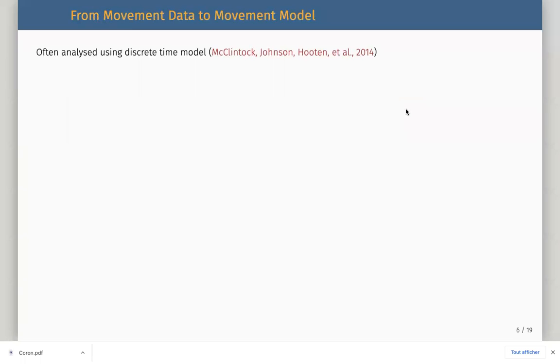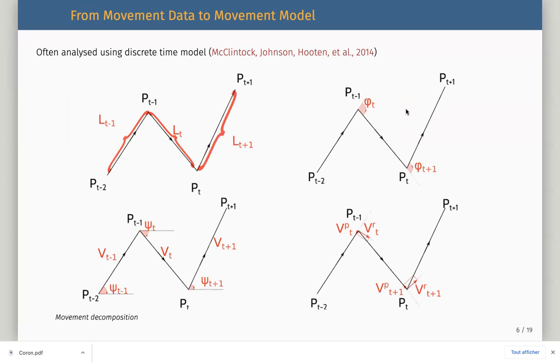Most of this sort of data are analyzed using some discrete time model, and the first step is to describe the movements in a way that can be analyzed using some signal processing methods. And the basic representation of the movement is to describe the length of the step and to add the angle here.